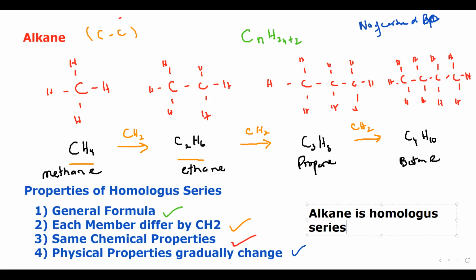Because it follows these characteristics, that's why we call this a homologous series. Is it clear why alkane is referred to as a homologous series? Because it follows all the characteristics.